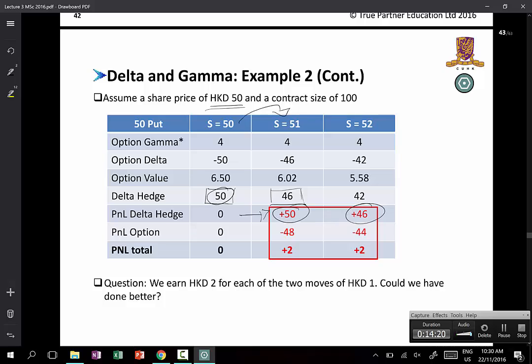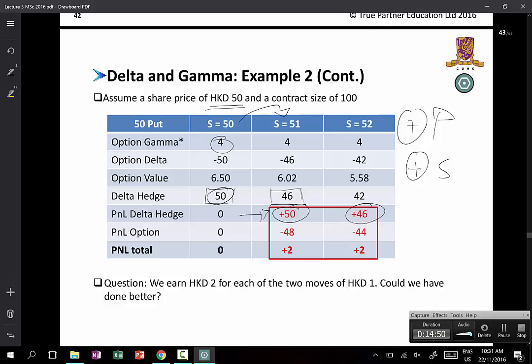The reason it's 46 is that notice that here the gamma is 4. This looks like this is a put option, sorry. Okay, so you are long a put, and you are short delta, and then you are long some stocks.